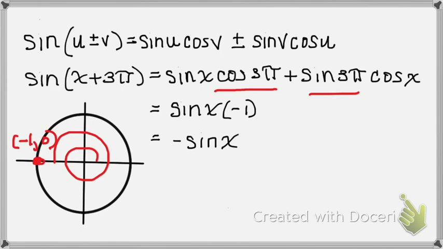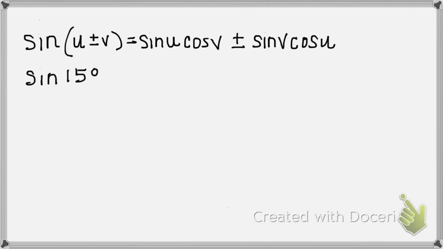Let's look at the application in another light. This is interesting because the sine of 15 degrees is not a value that I know. 15 degrees is not on a unit circle. So where I would be headed with this would be perhaps a calculator.